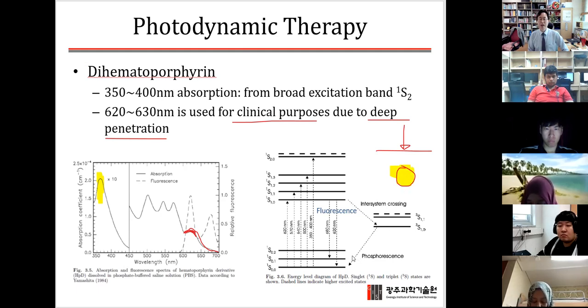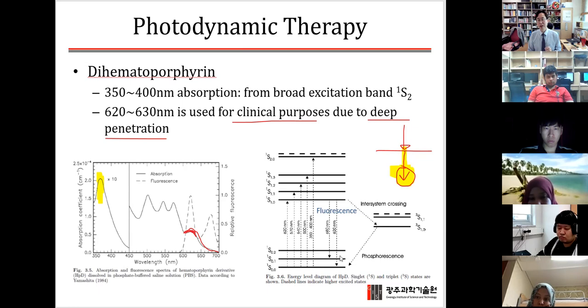But for the photosensitizer in the tumor to work, to generate ROS, you need to have photon energy reach this region, right? If the photon doesn't come to this tumor region, then basically nothing will happen.